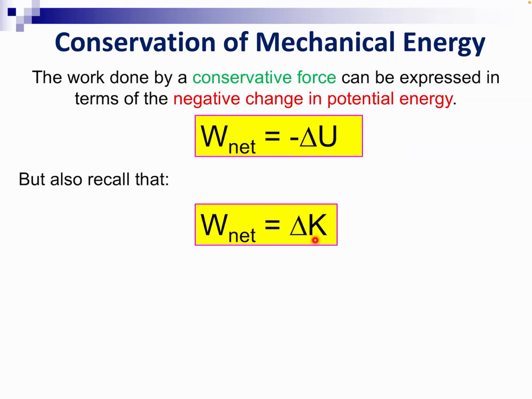If the object starts from rest and moves to a certain speed, then the force would have done work in moving this object, and therefore the work is the change in kinetic energy. So these are the same. They're both talking about work, so we can equate the two. The change in kinetic energy should therefore be equal to the negative change in potential energy.